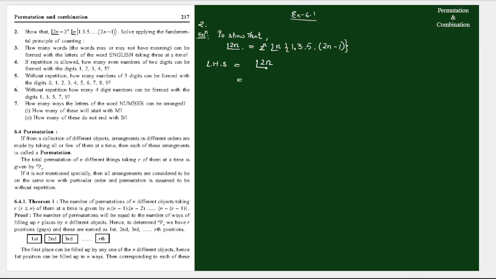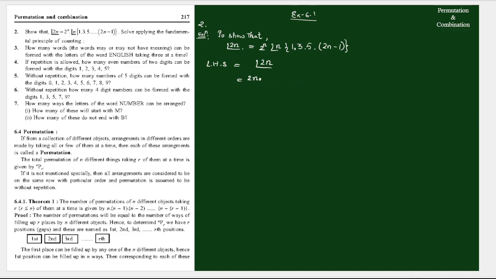Okay, if we express this factorial, then what will we get? 2n is there, so 2n into what do we get now? It will go on decreasing, yes, it will decrease 1 by 1.